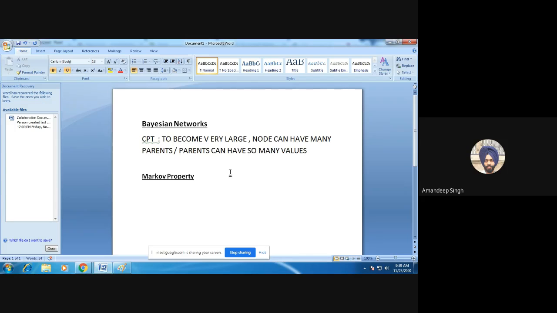What the Markov property says is that there are no direct dependencies in the system being modeled which are not already explicitly shown via the arcs.